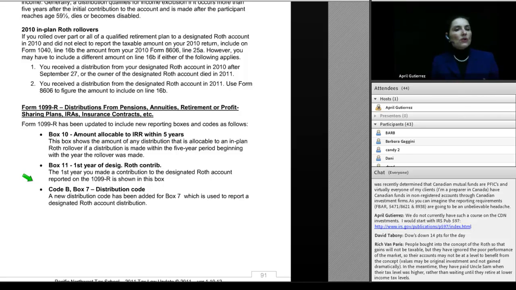And of course, code 1 means it's an early distribution where the person was too young to take the money out and they're going to be punished by paying extra tax. And there's a bunch of other codes that are less common than those two, including code G, which means there was a rollover. Well, there's now a new code, and that's code B. And this is a new distribution code which is used to report a designated Roth account distribution.